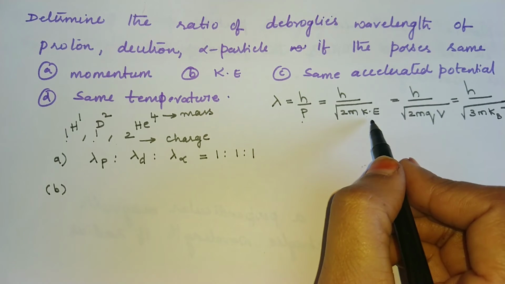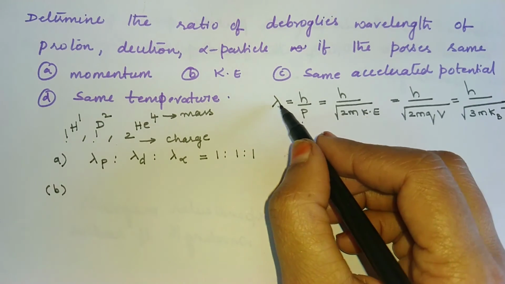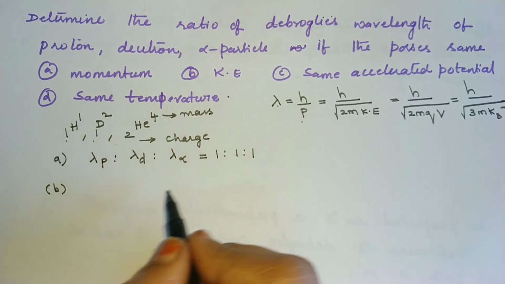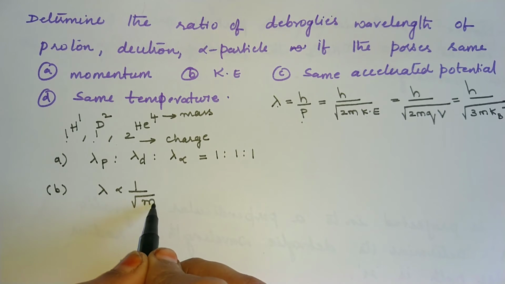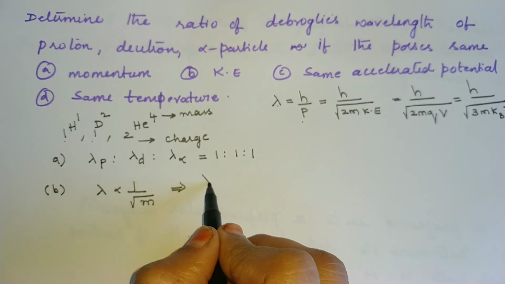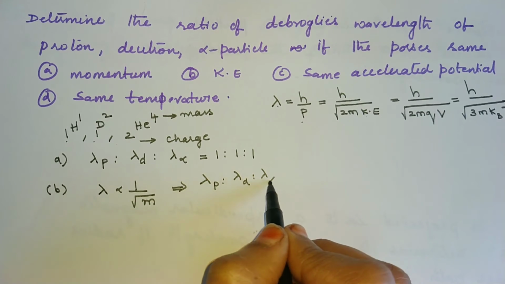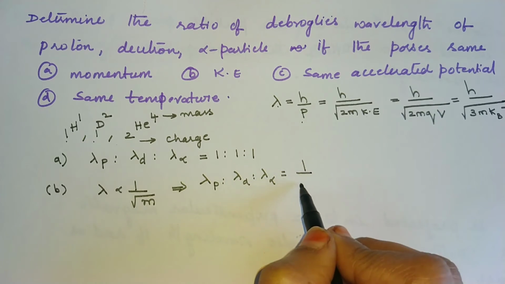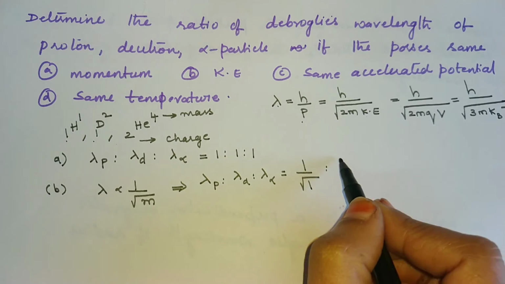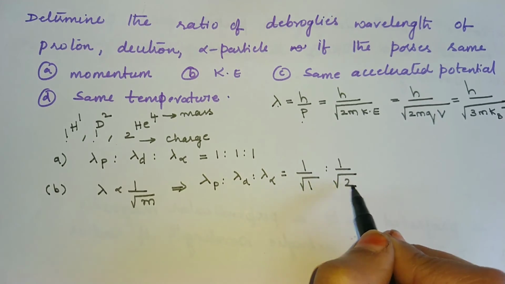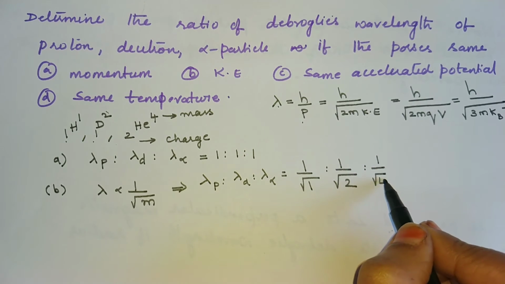Now for B bit, if they have the same kinetic energy. Now look at the second equation. h is constant. They have the same kinetic energy. Lambda is inversely related to square root of mass. So lambda is proportional to 1 by square root of mass. This implies lambda of proton is to deuteron is to alpha is 1 by square root of mass of proton, 1 unit, deuteron 2 units, is to 1 by square root of 4.